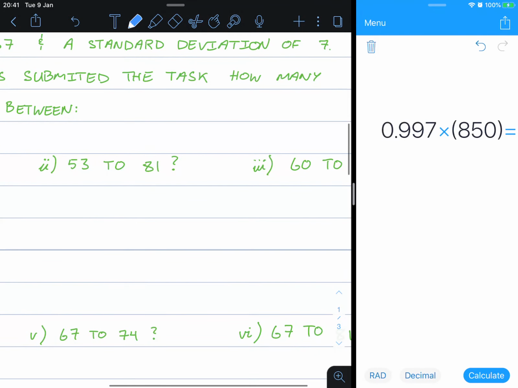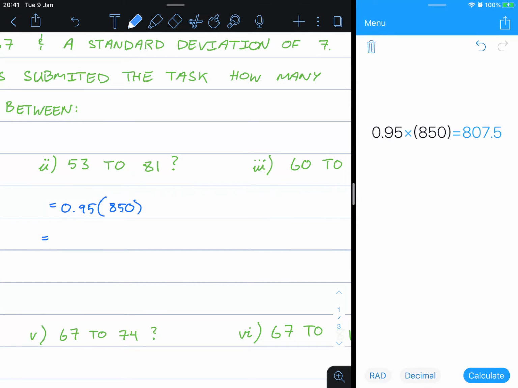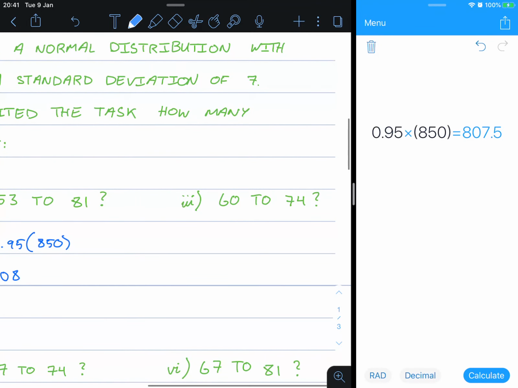So this is going to be 0.95 times the total, which is 850 students. So 0.95, which is 807.5, which I'm going to round up to 808. So approximately 808 students.